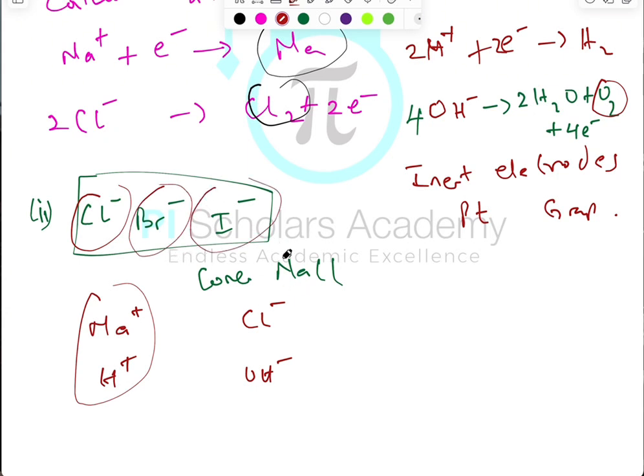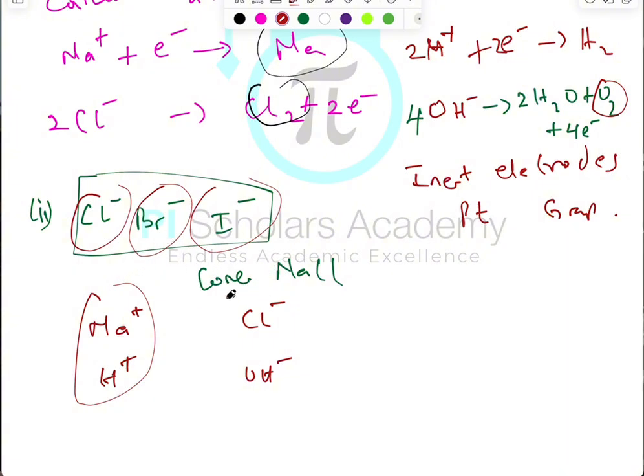If it is NaCl, NaBr, or NaI, one of these ions will be preferentially discharged. So relative concentration of ions only affects when you have halo ions, that is, chlorine, bromine, or iodine.